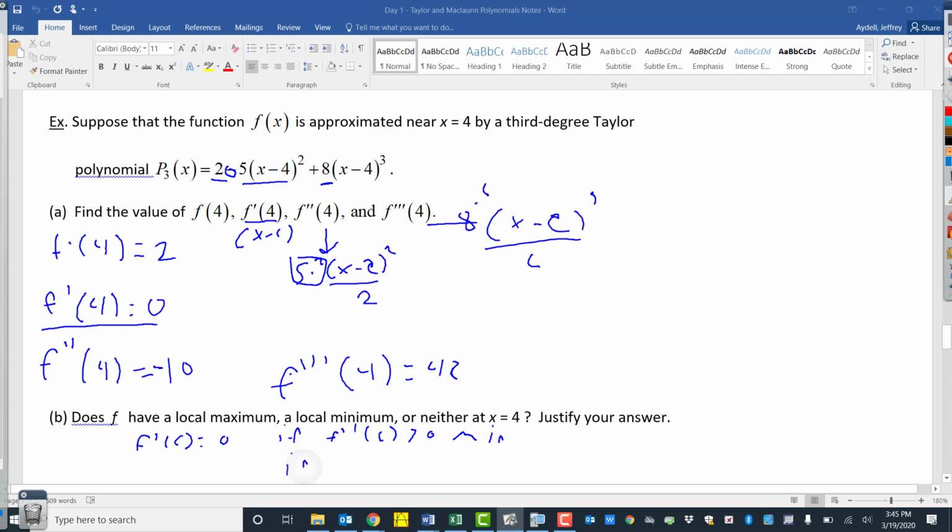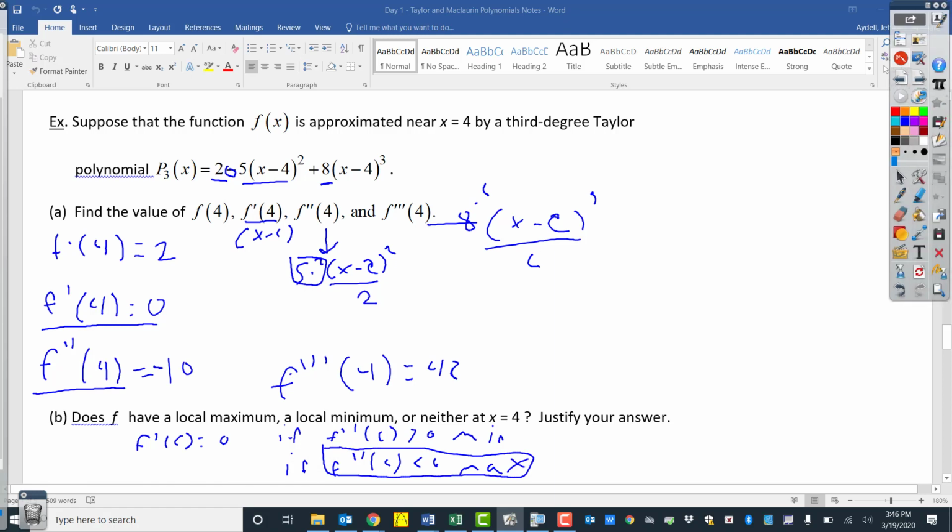And if f double prime of c is negative, then we have a max. Well, we already have enough information with this. We are already given f double prime of c. Well, it is negative, so that means we have a max there. All right? Let's keep going.